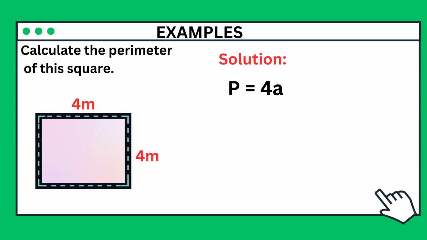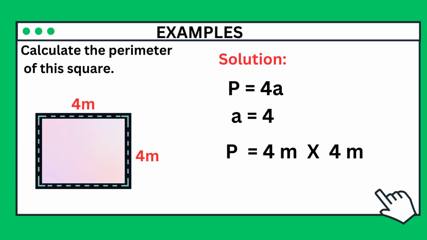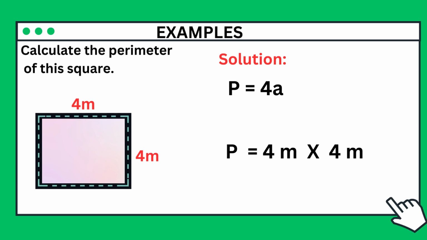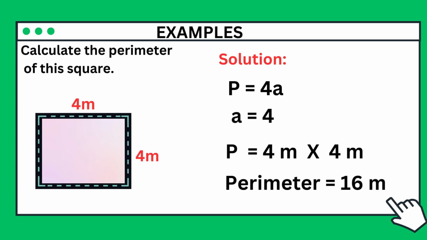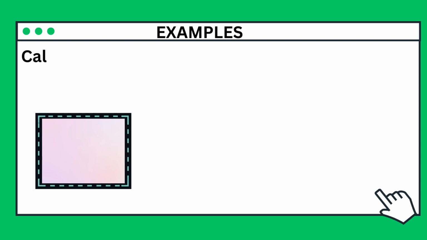And so P, let's multiply, applying the formula. P is equal to 4 times 4 meters. So our perimeter is equal to 16 meters.